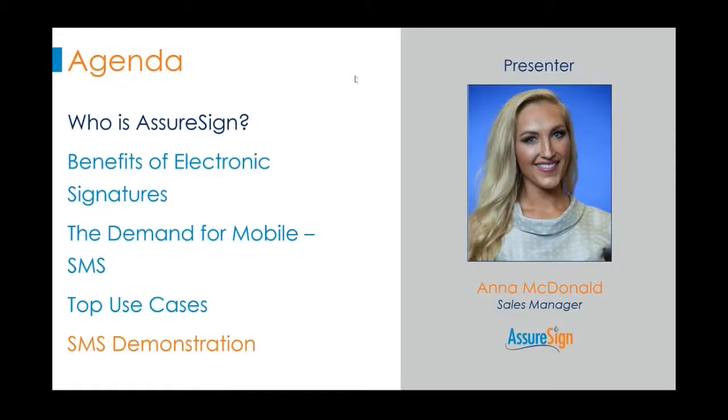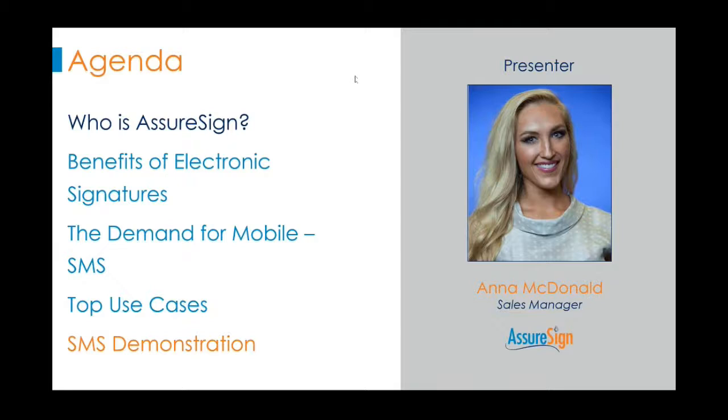And just to show you, we will be going over a few things today. First off, I am the presenter. My name is Anna McDonald. I am the sales manager over at AssureSign. So we will be covering real quickly just a little bit of information on AssureSign, where we come from, the benefits of eSignature and what it looks like implementing it within your workflow.